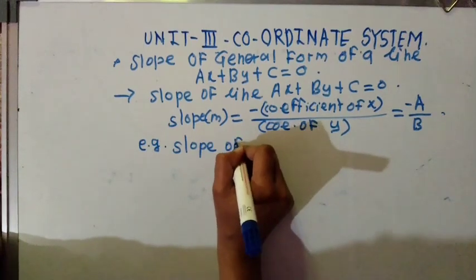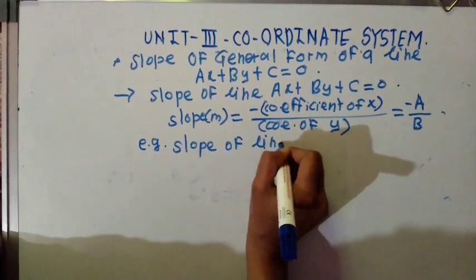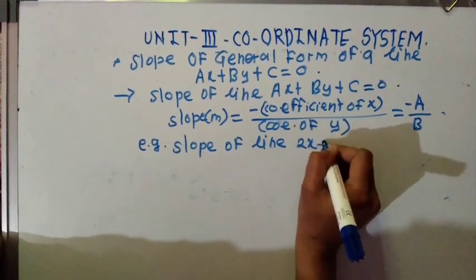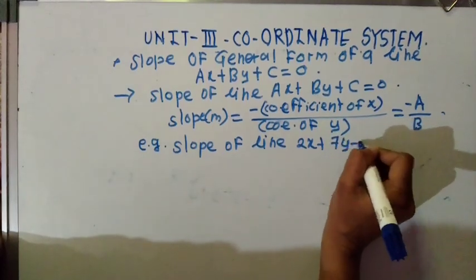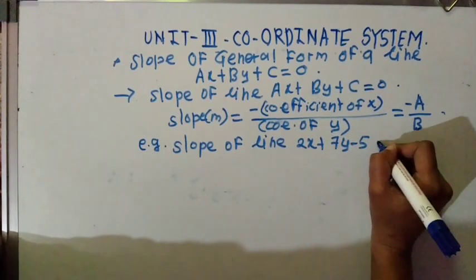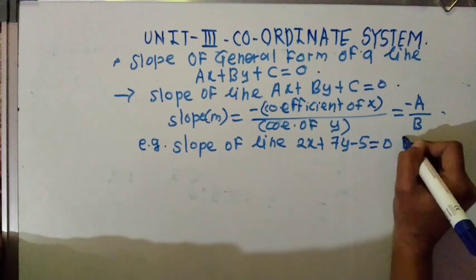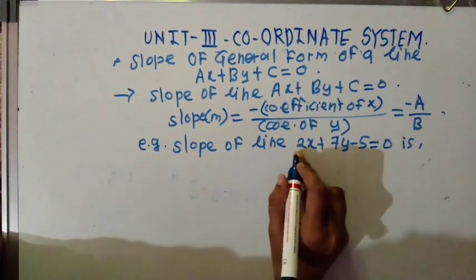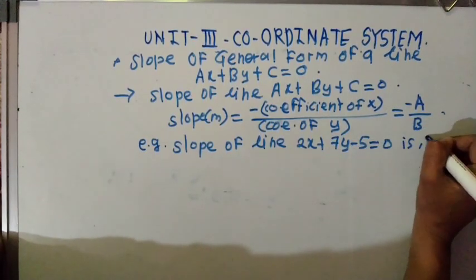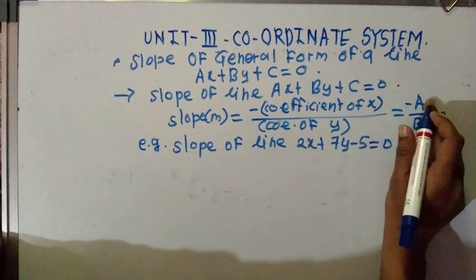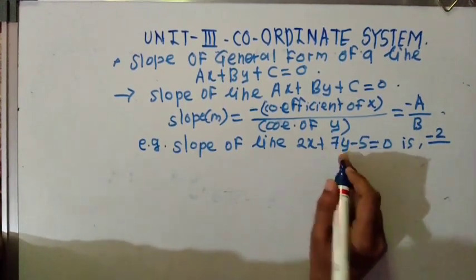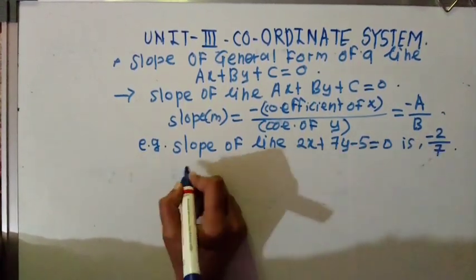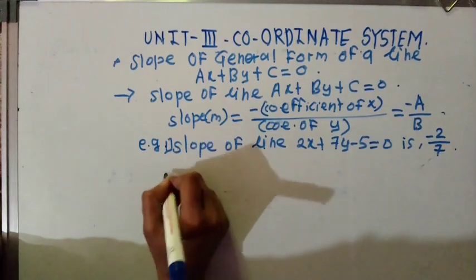For example, the slope of the line 2x plus 7y minus 5 is equal to 0 is minus a upon b, so minus 2 upon 7. And this is the first example.